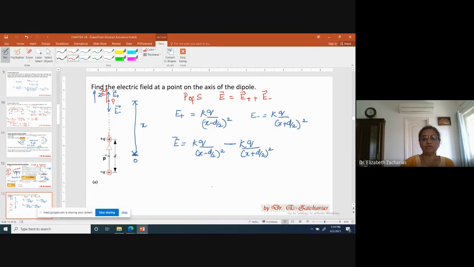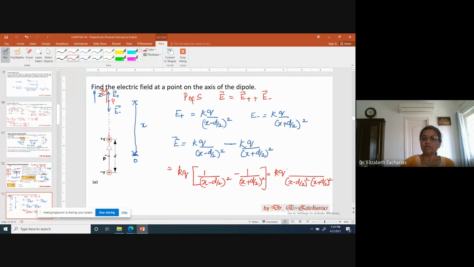So let's just do the calculation and see. That's going to be kq times 1 by x minus d by 2 whole square minus 1 by x plus d by 2 whole square. So I can write it as kq, and then here I will take the LCM, so the denominator becomes x minus d by 2 whole square times x plus d by 2 whole square.